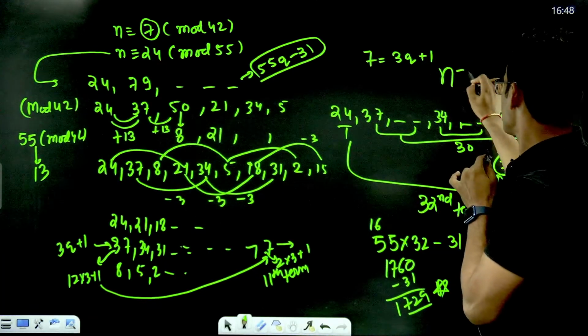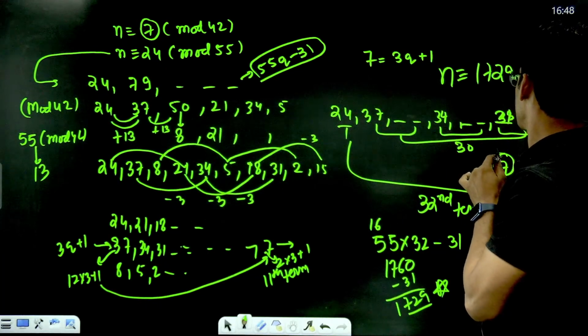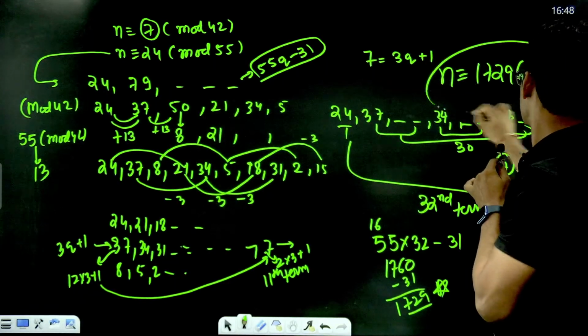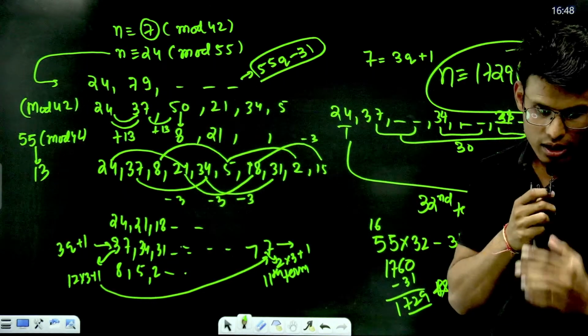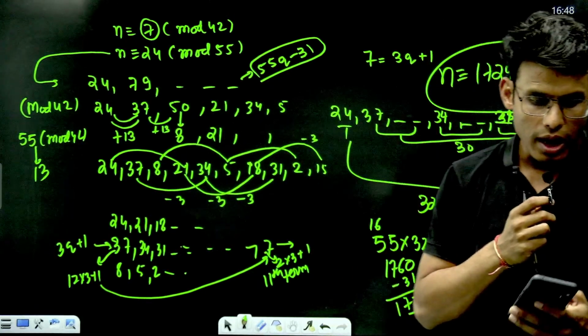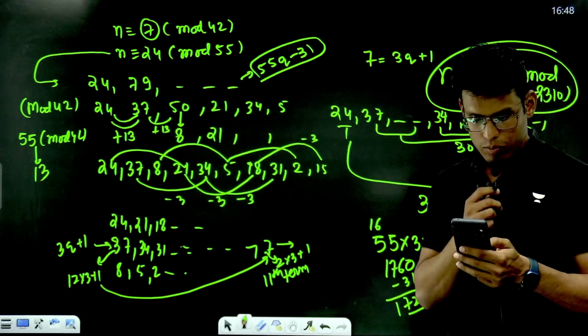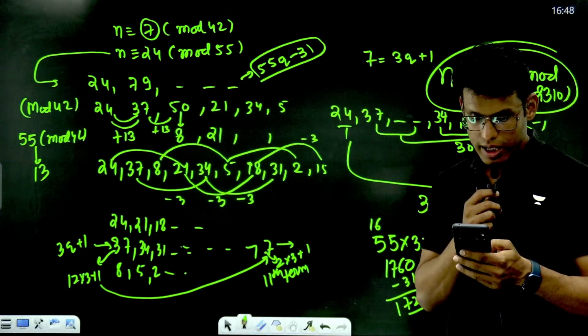The answer becomes n congruent to 1729 mod 2310. Okay, Ramanujan-Hardy number. That is how I make these questions. I take a very special number.